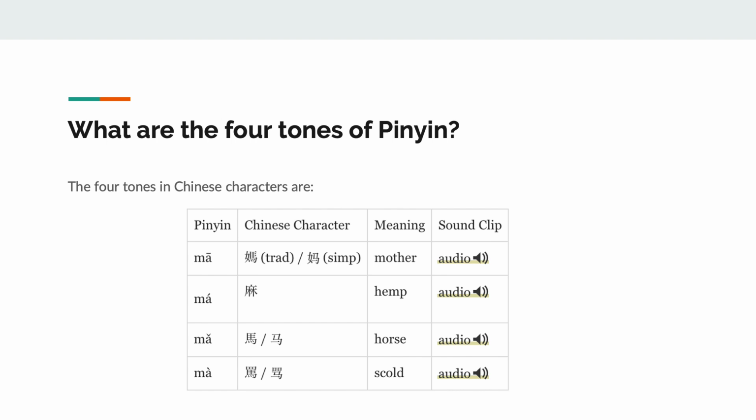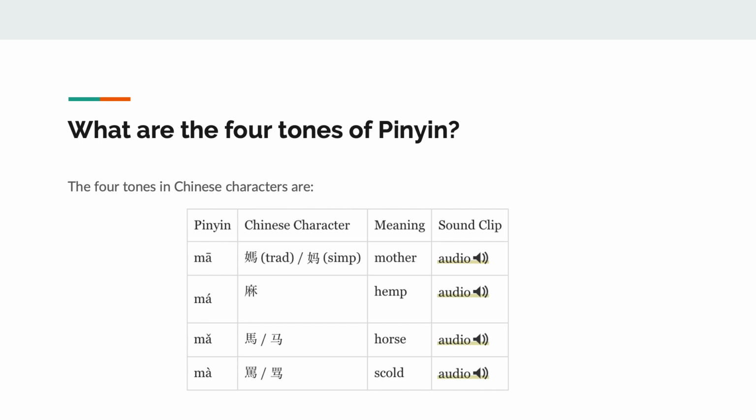This next chart is interesting because it shows the four tones with the spelling MA. For every spelling, there are four tones associated with it. Ma can mean mother, ma can mean hemp, ma can mean horse, and ma can mean to scold.